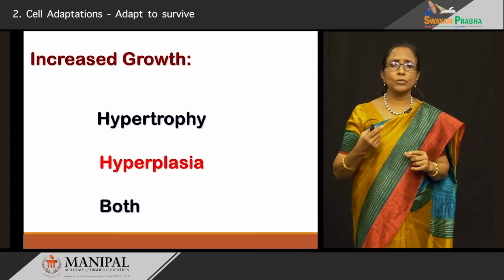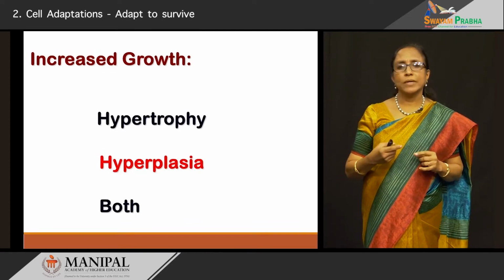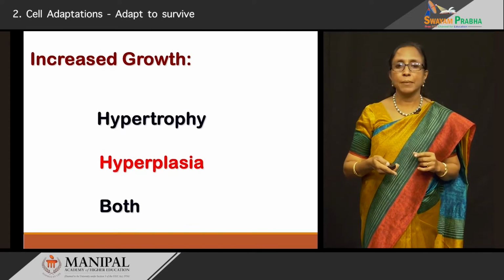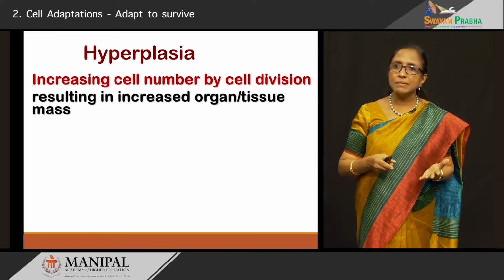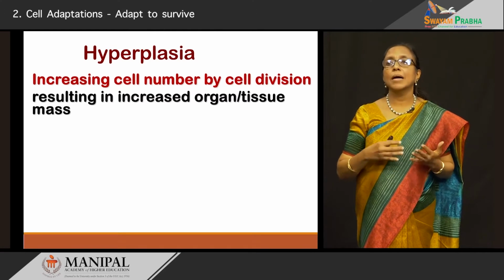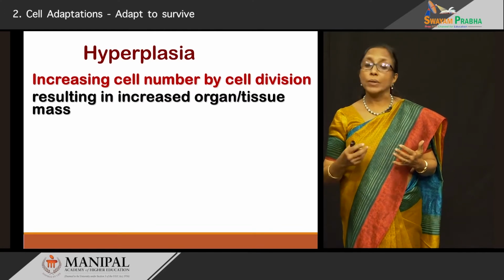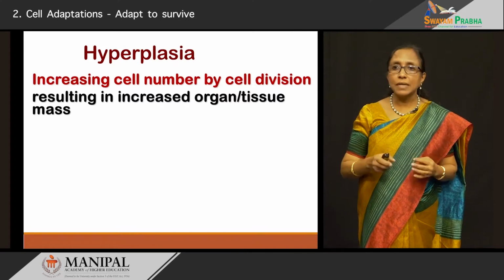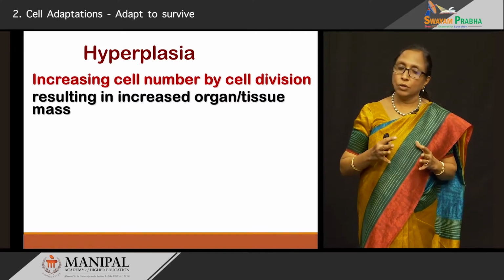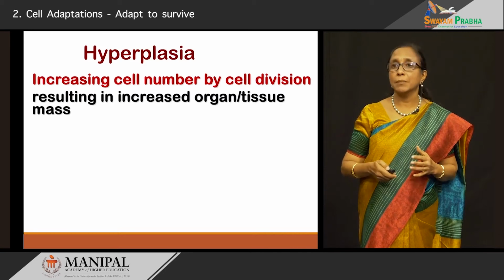Now, going on to the next condition where there is increased growth, that is hyperplasia. Hyper means big, plasia means the number of cells is increasing. So, increase in the cell number by cell division resulting in increase in the organ or the tissue is called hyperplasia.